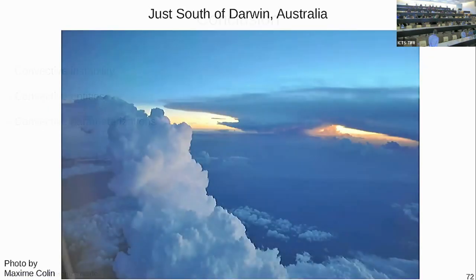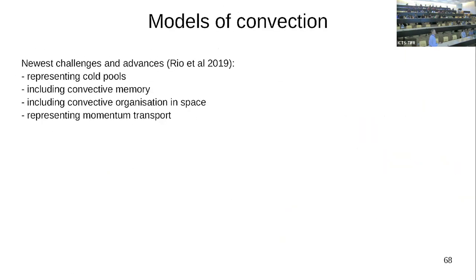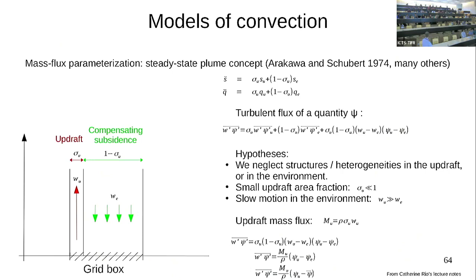Thank you for that interesting talk. My question is about slide number 64, where you had shown, I think from the model parameterization, that the updraft is in a very small fractional area as compared to the subsidence portion.